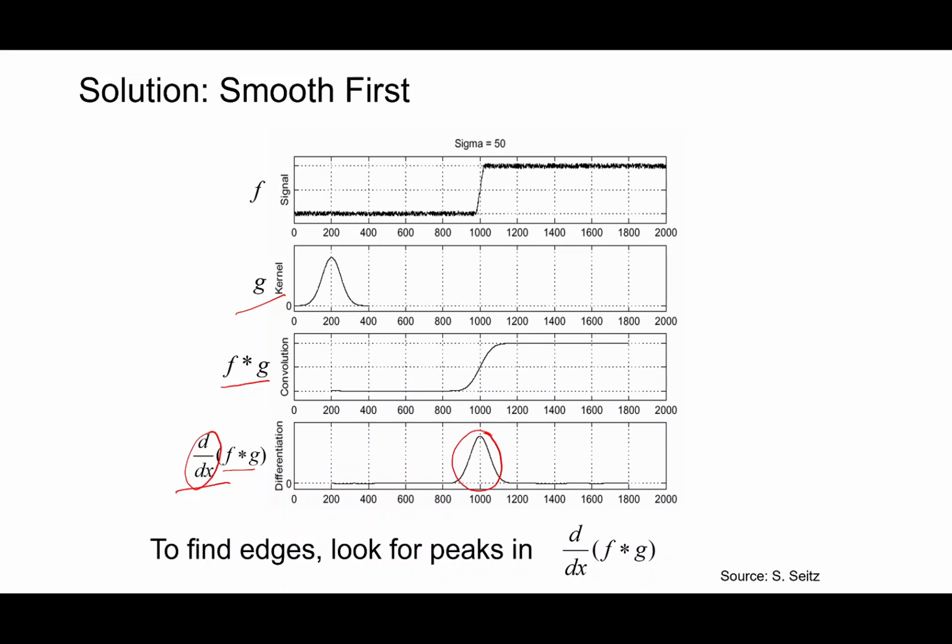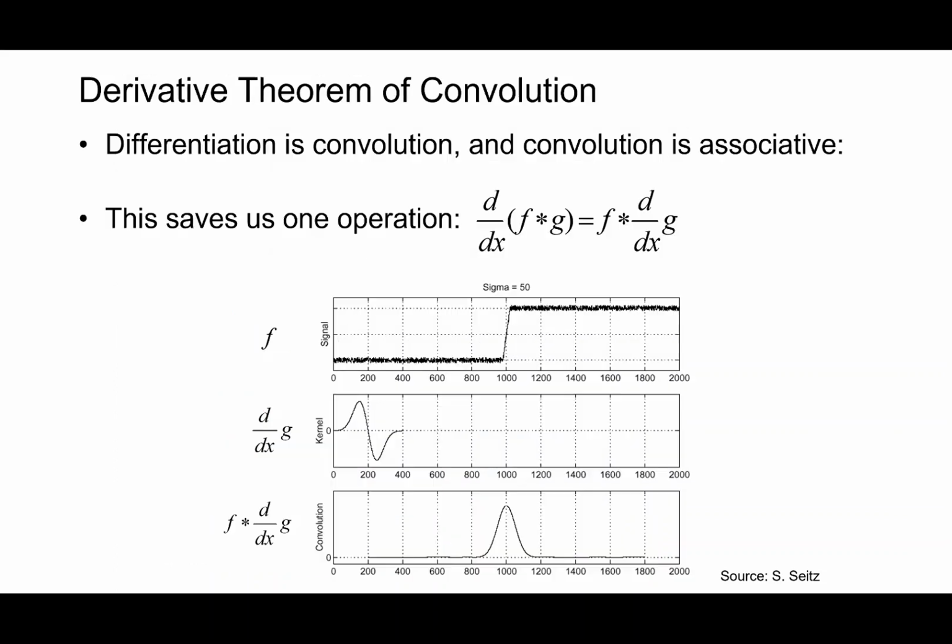So to find edges, look for peaks in this quantity. The derivative theorem of convolution is what I just hinted at. Differentiation is convolution and convolution is associative. So when you have d by dx of f convolved with g, you can say f convolved with d by dx of g. This is the derivative of the Gaussian.